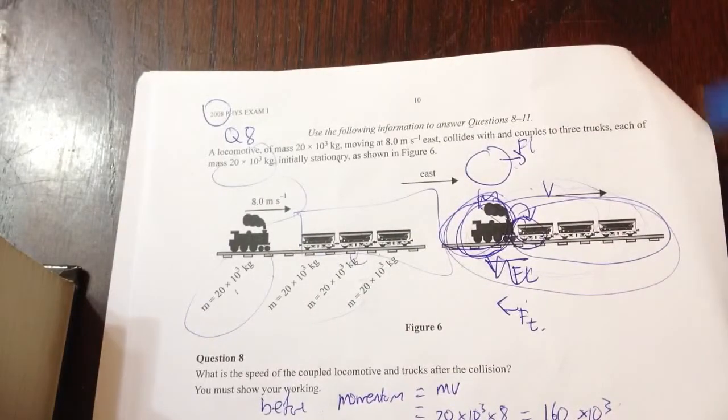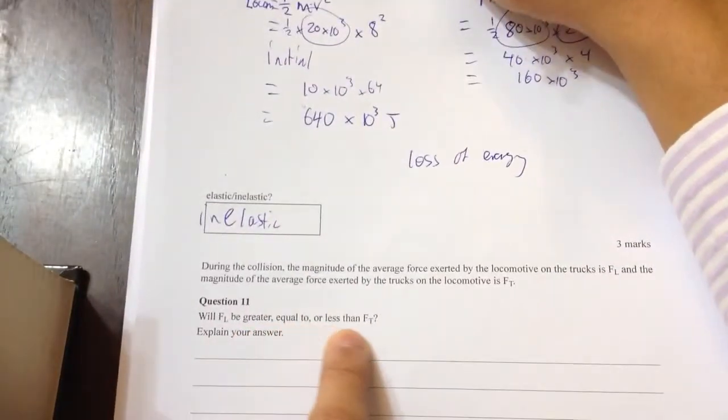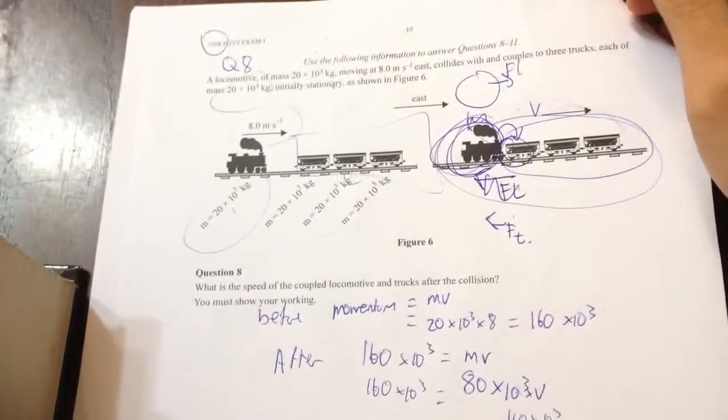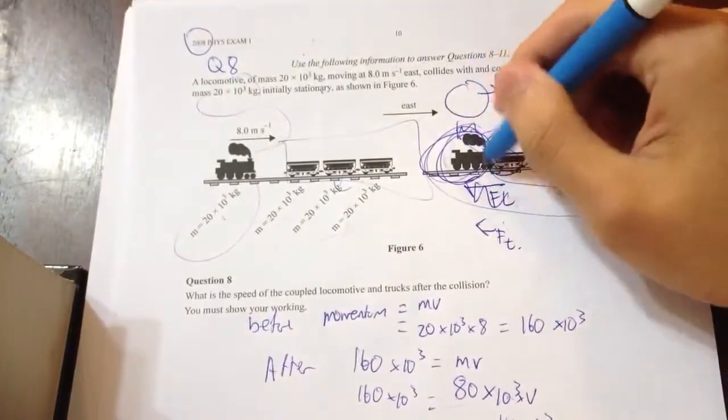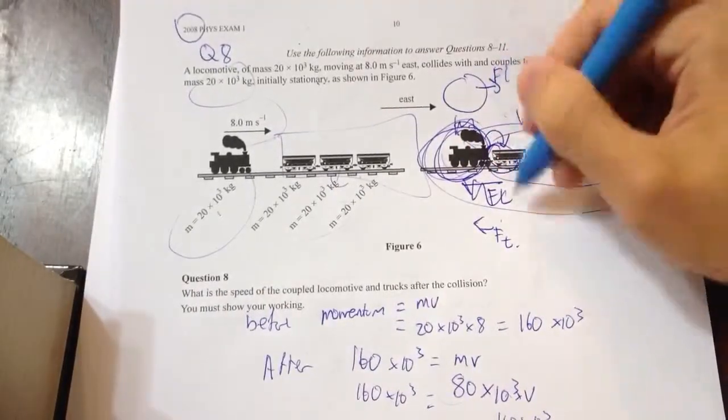Now, this question is asking, is FL greater than, equal to, or less than FT? So which one's bigger? There are a few laws we can use. If this is exerting this much momentum on that, it must be exerting the same amount of momentum back. Therefore, forces must be equal.